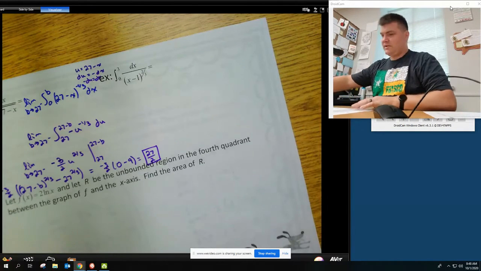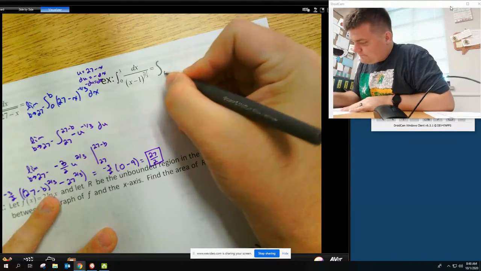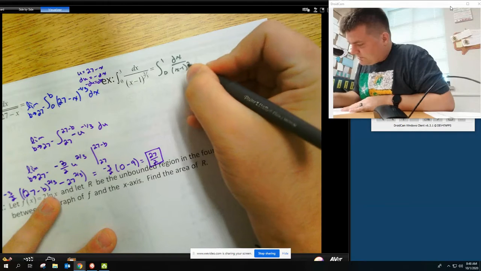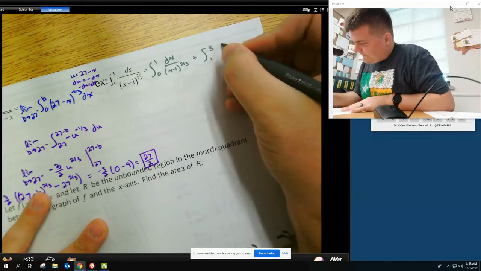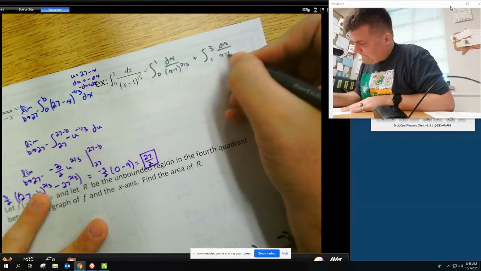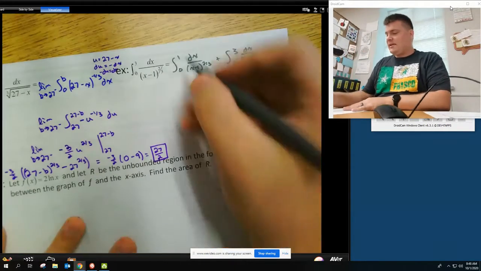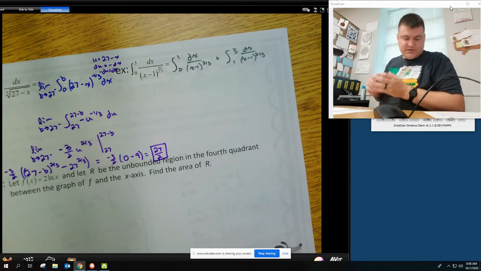So I actually have to break this up into 2 integrals. I have to integrate from 0 to 1 plus 1 to 3. Because of that, I need to actually use my limit notation here. So I'm going to do pretty much 2 separate problems.